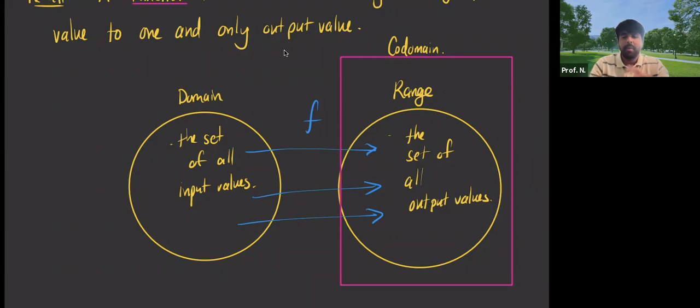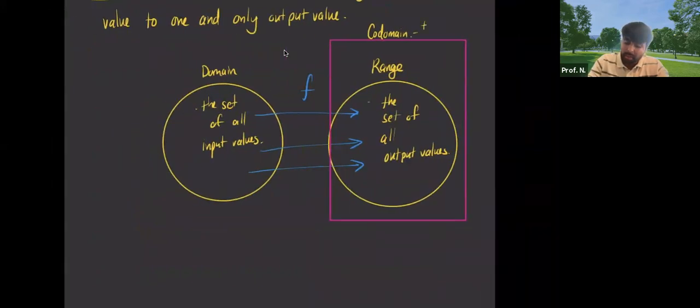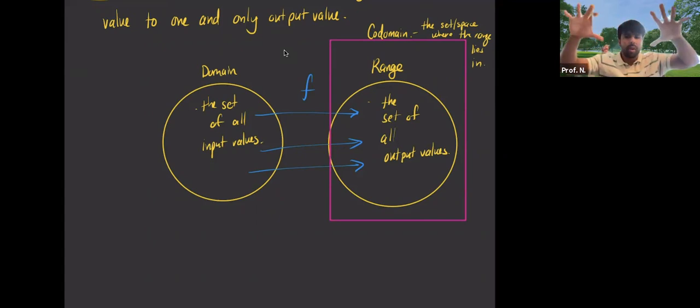Okay, and that's going to be important when we talk about what are called transformations. So the codomain is the larger set or the space where the range lies in. Okay, so the range is inside the codomain, but the codomain includes the range, plus it includes more things.